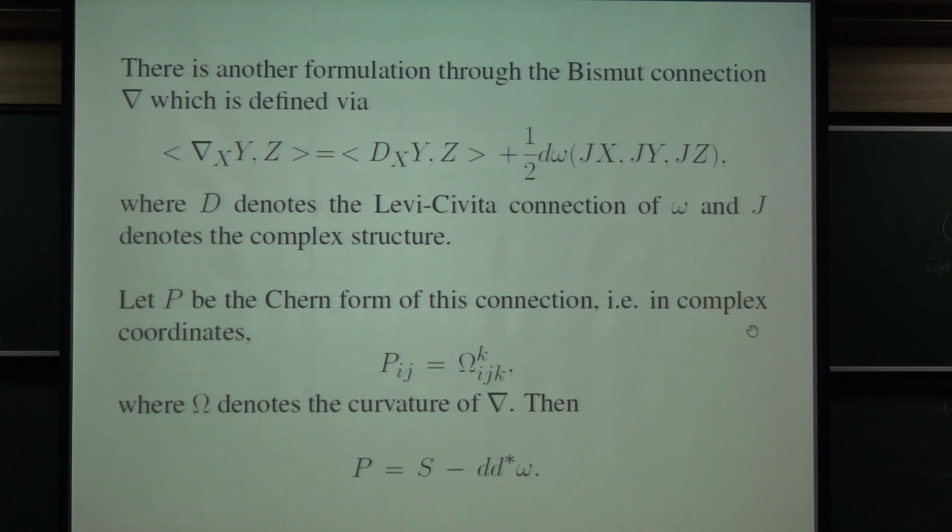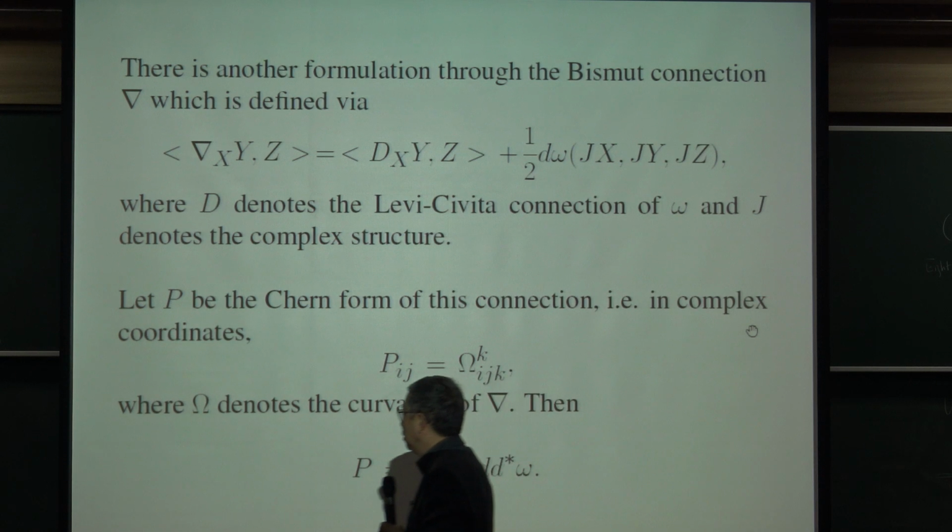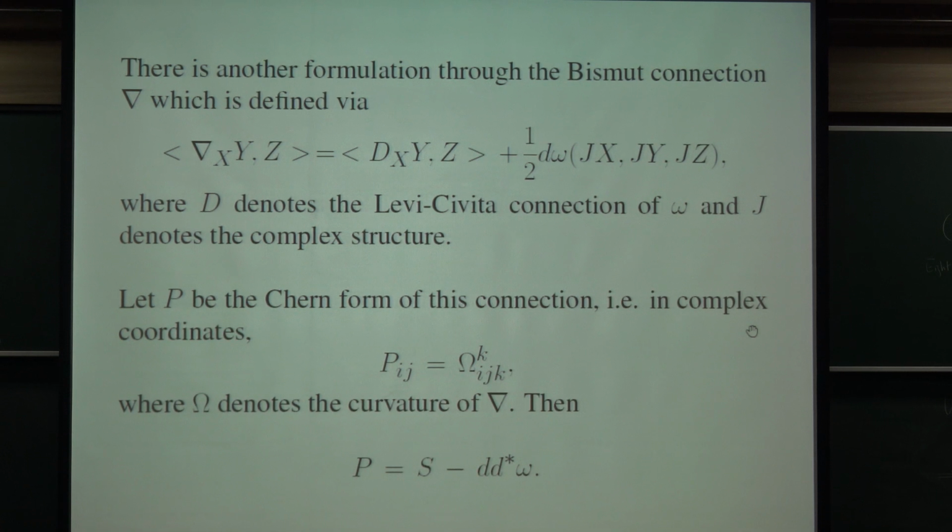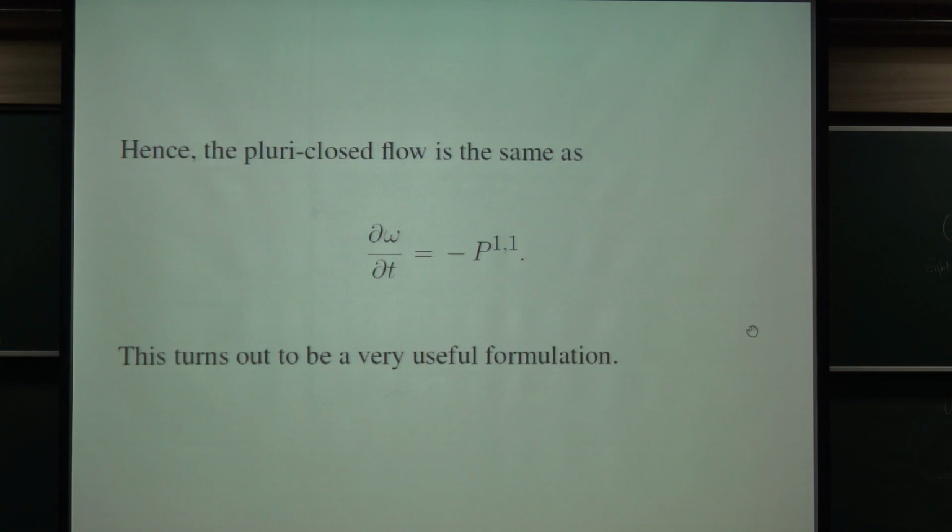This is actually a family of connections. But the Bismut connection has an advantage, and you will see. They actually call it the Bismut connection because we use this in studying torsion, analytic torsion. So in terms of the Bismut connection, you can also write down some Ricci curvature. Then you will find the pluriclosed flow is the same as this. So this is one part of the Ricci curvature of the Bismut connection. So it's very much like a Ricci flow now. Okay, it's very clean and turns out to be very useful.